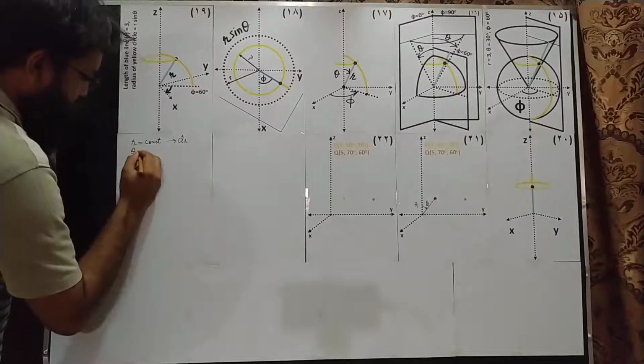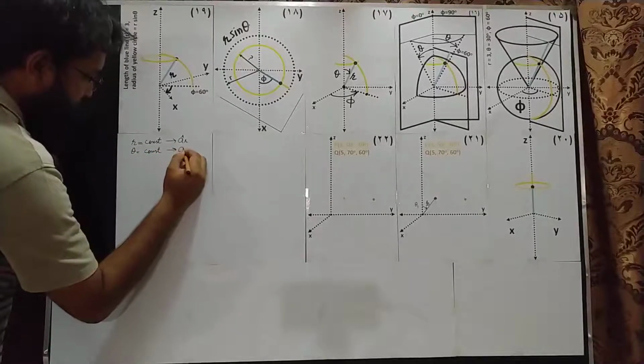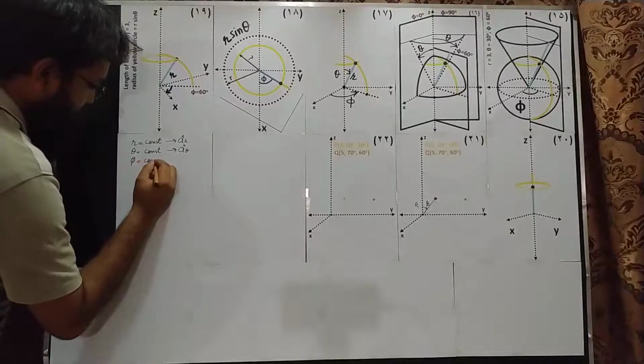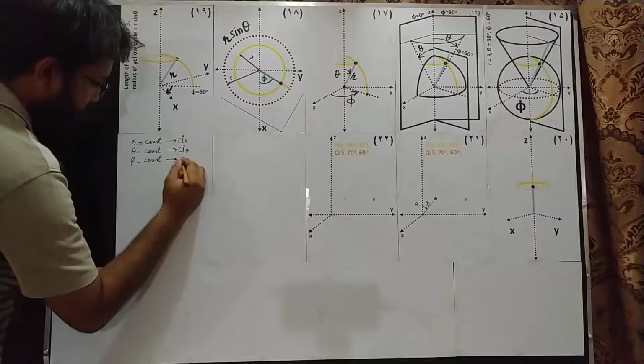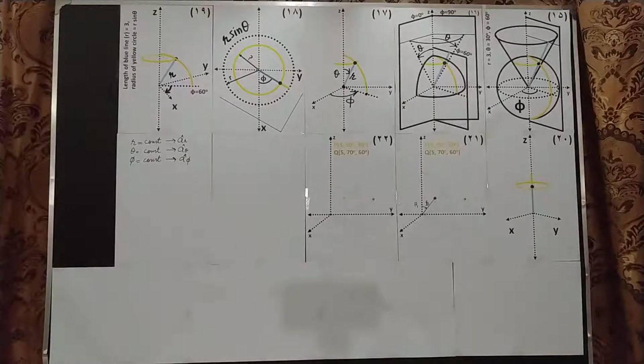We have got theta equals to constant surface, so for that we have A theta. We have got phi equals to constant surface, so for that we need A phi. And you all by now know the properties of primitive unit vectors, so let's discuss that.